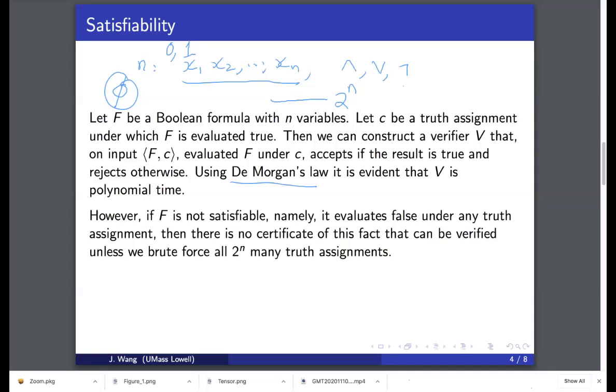However, I just don't know how to find one without searching all possible truth assignments. So if F is not satisfiable, then of course we have to evaluate this under all truth assignments. That's exponentially many. But nevertheless, satisfiability is in NP.